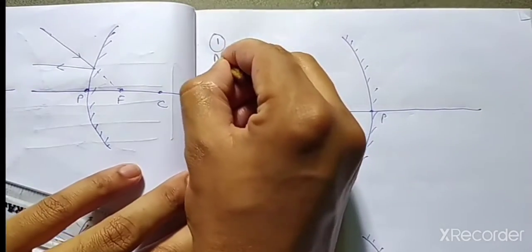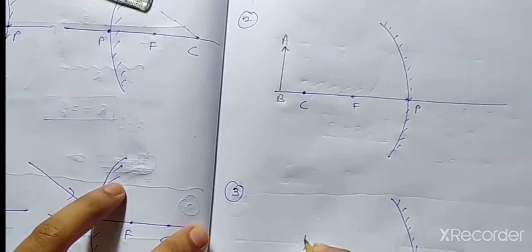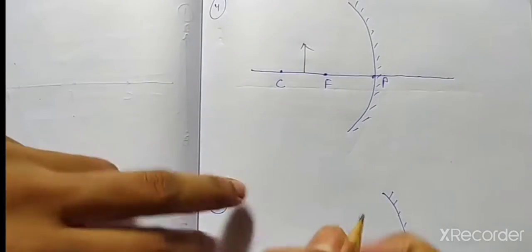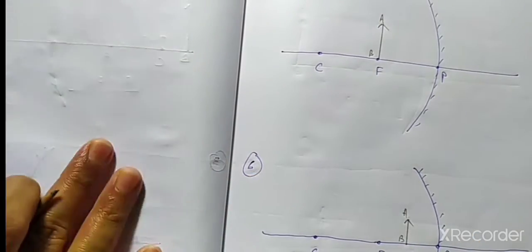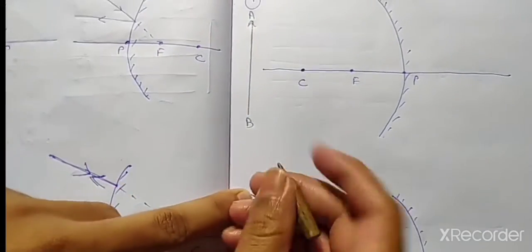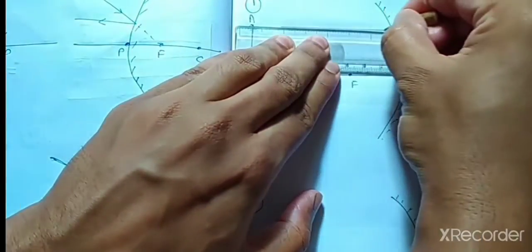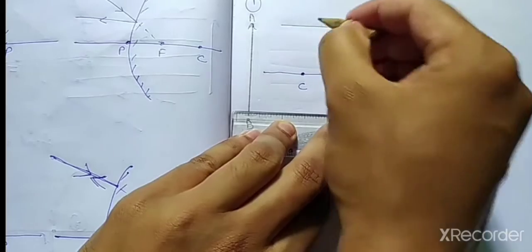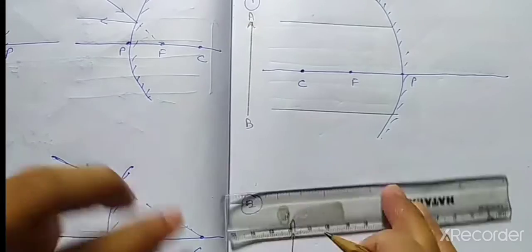We have to label A and B. Here also A and B, here also A and B, and next also A and B. Okay, first what we have to do: the light rays are falling on the concave mirror, and there are two rays coming out, one up and another one down.